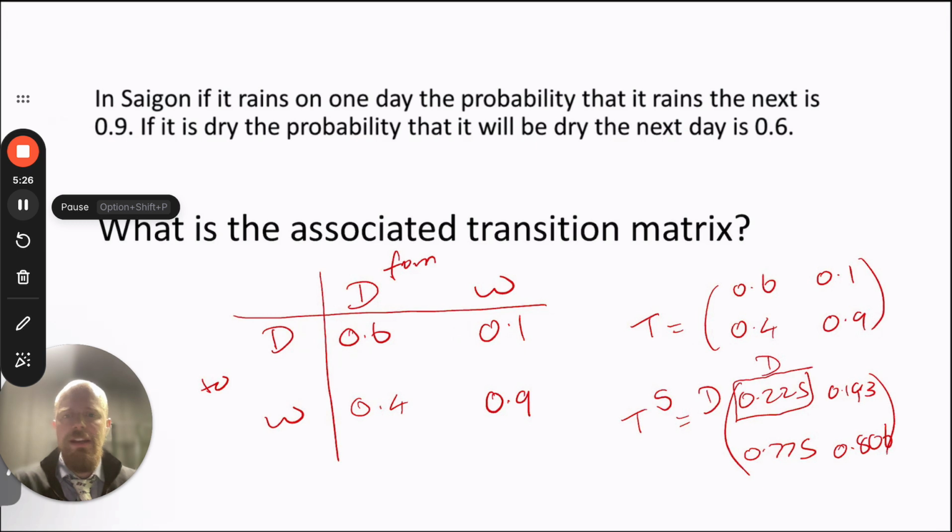It's basically like doing a tree diagram with 5 branches and then working out all the different combinations of starting at dry and ending at dry. This one down here, the 0.806, is the same. It's just wet to wet. So if it's raining today, in 5 days' time, the probability of it raining is 0.86.